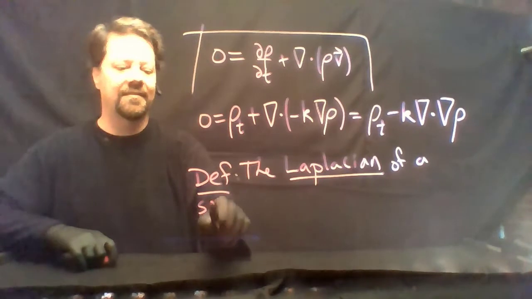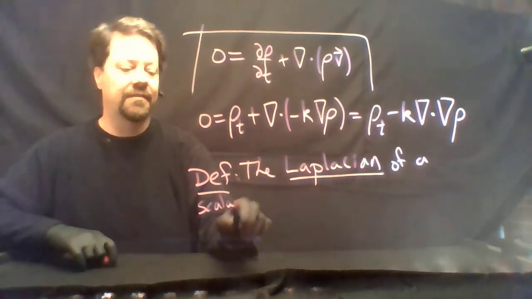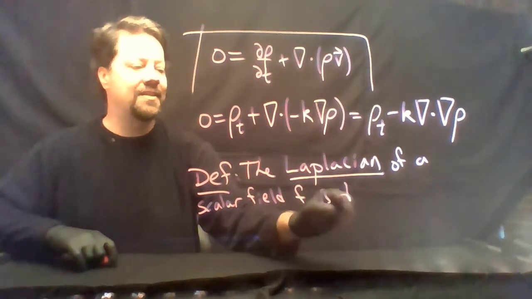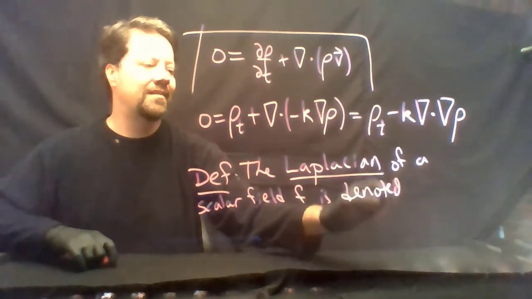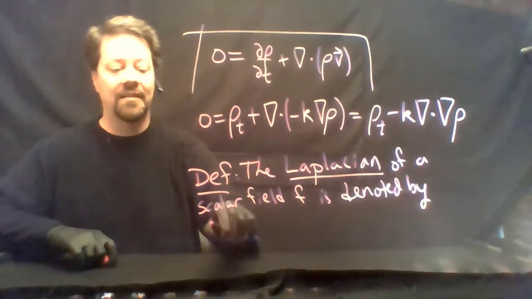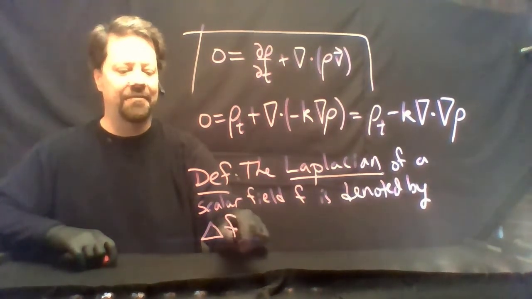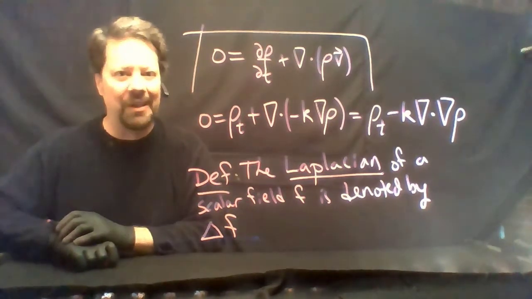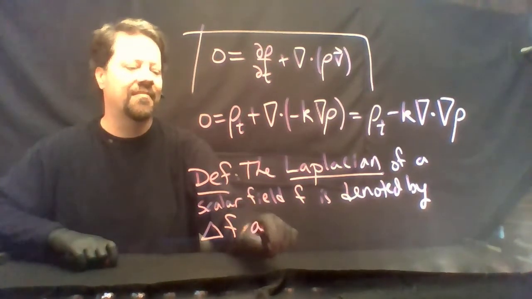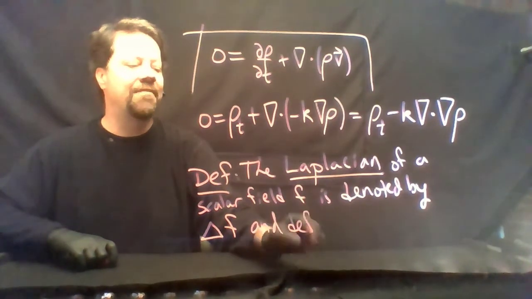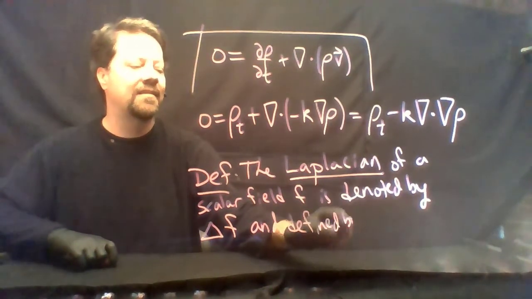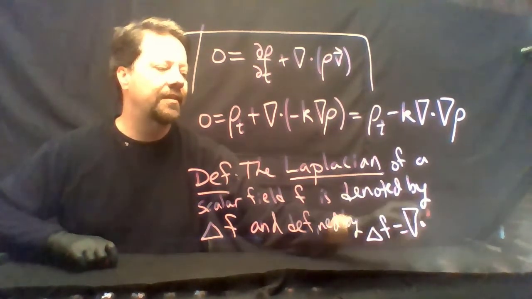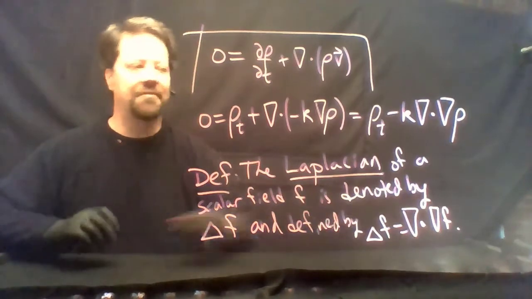The Laplacian of a scalar field, which is just a scalar valued function f, is denoted by triangle f. That does not mean change in f, that's now the Laplacian of f. It's defined by the Laplacian of f is the divergence of the gradient of f.